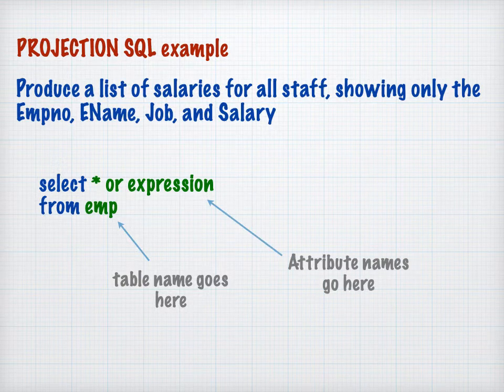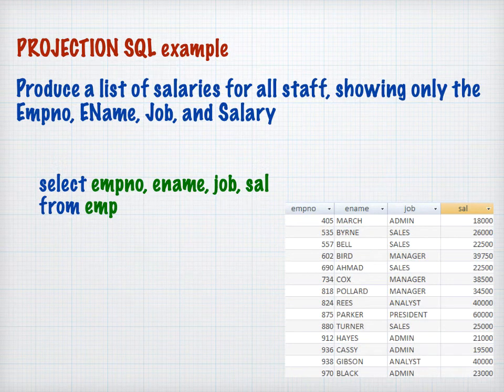Now the particular ones that we're looking at here are emp number, e-name, job and salary. So to actually show those, all we do is we simply list them separated by a comma, like that. And if we run that against the relational database, it will actually show us those particular columns. And if you remember, that's what projection does. Projection gives us particular columns from the table, particular columns from the relation.